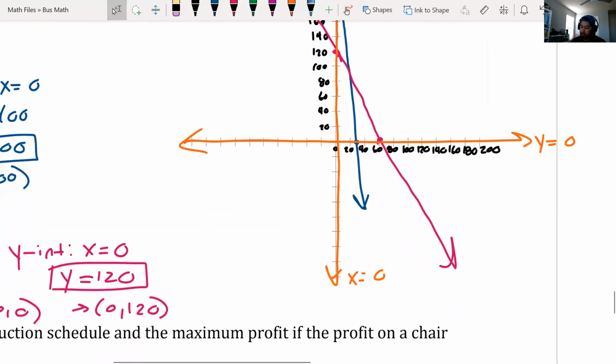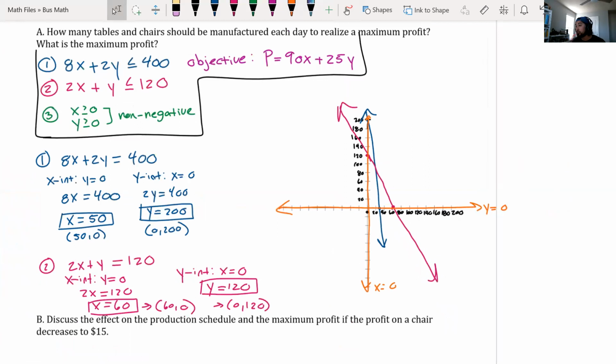And now let's go ahead and shade and just focus on the blue and red line. And it just so happens that our favorite point of 0, 0 is below them. So we'll pick test points. We'll use 0, 0 as our test point.